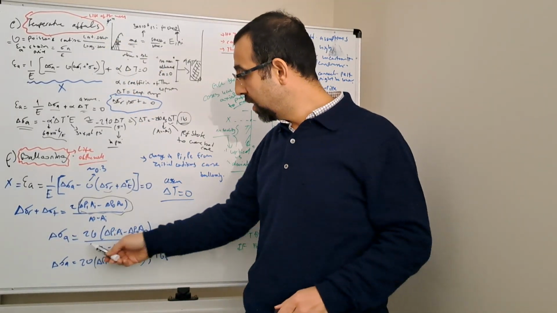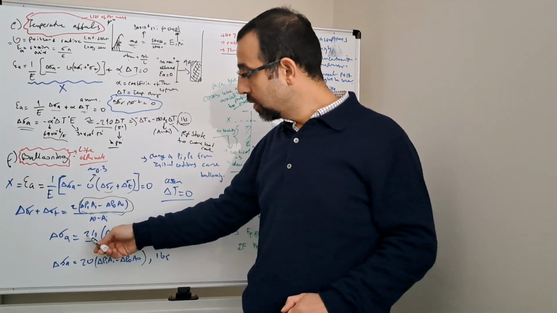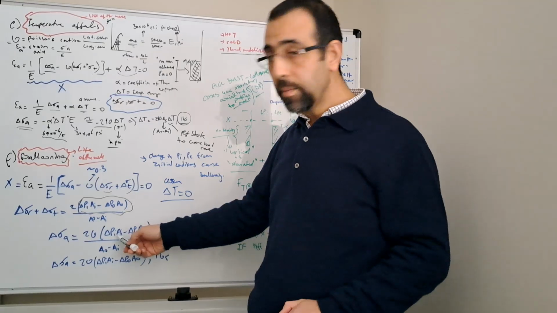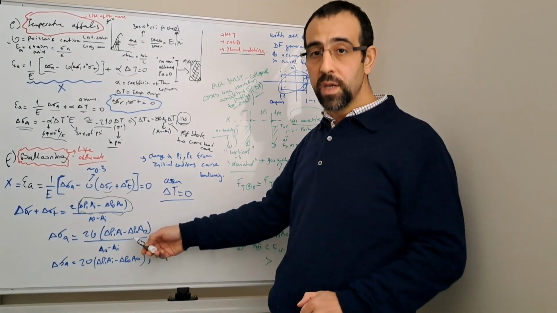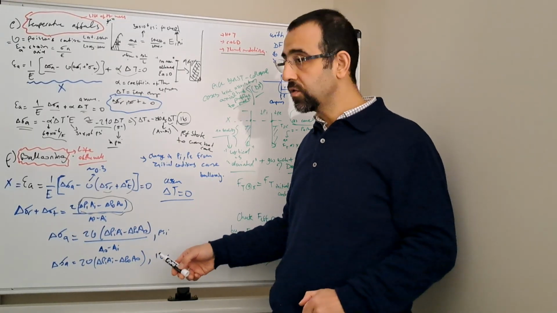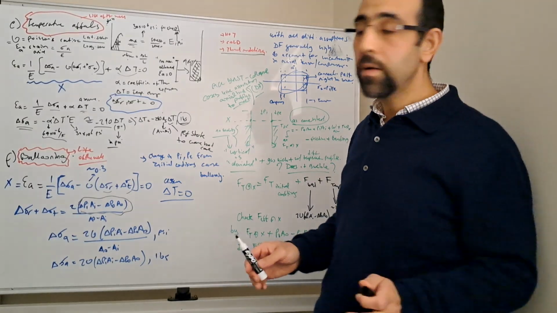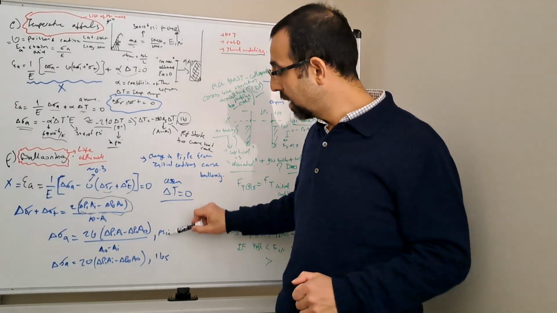What we are going to end up with, in psi, is 2 times the Poisson ratio times the change in the internal pressure times the inner area minus change in the outer pressure times the outer area, divided by the cross section, right?